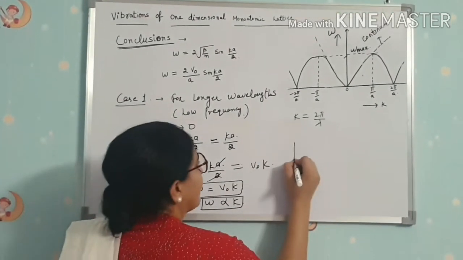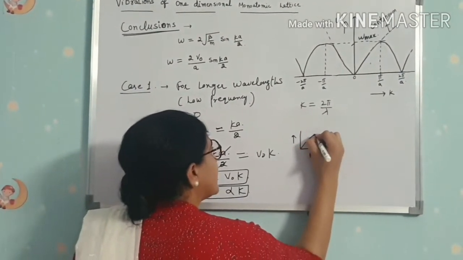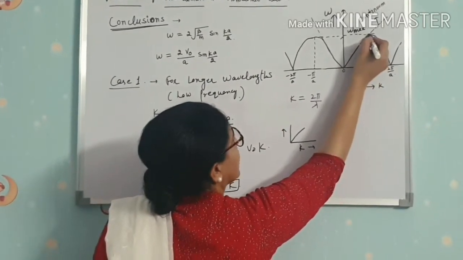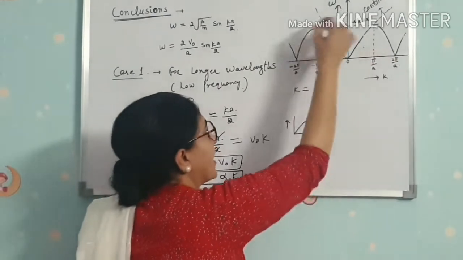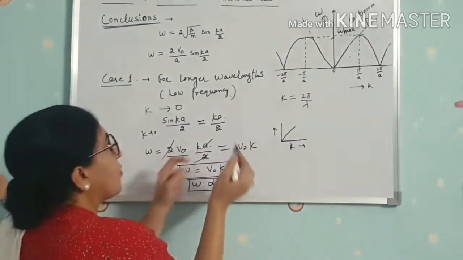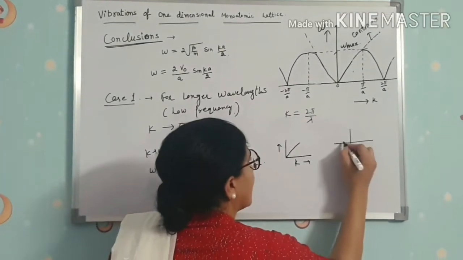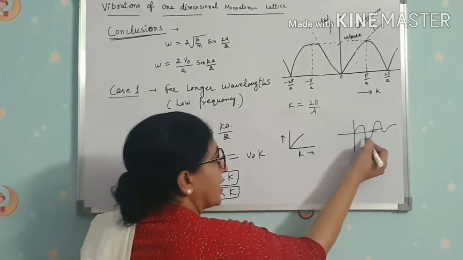So the graph between omega and k is like this. This is that portion of the graph. It is not like the full sine curve, which is sinusoidal like this. Omega has only positive values, so we neglect the negative portion.